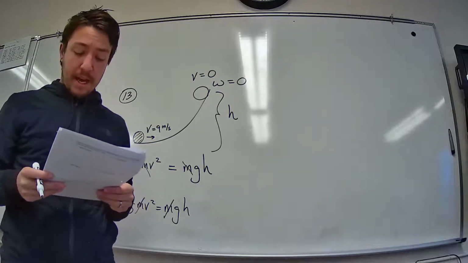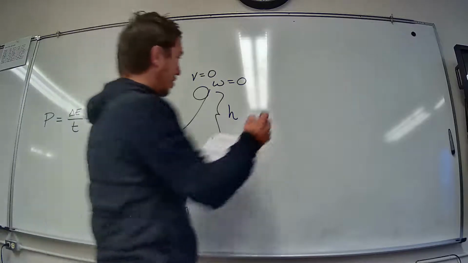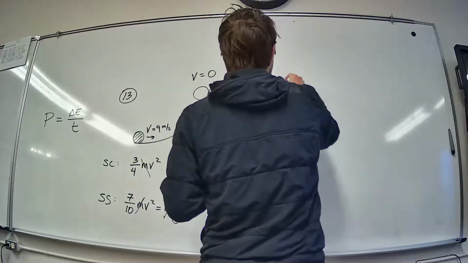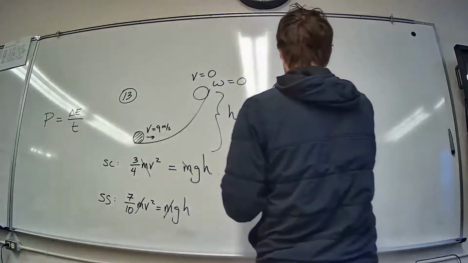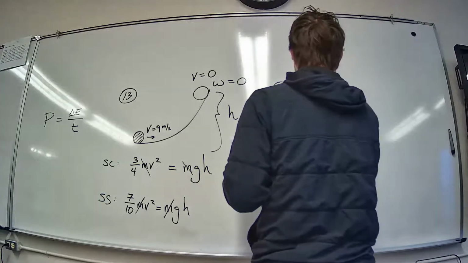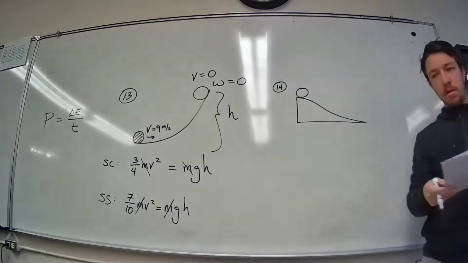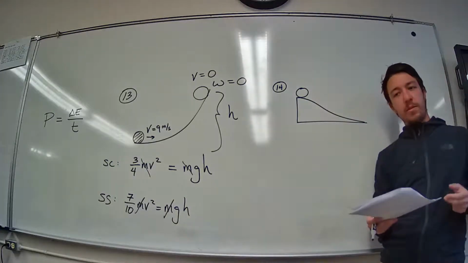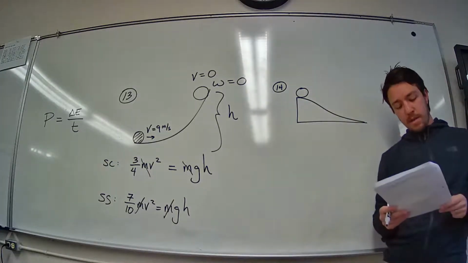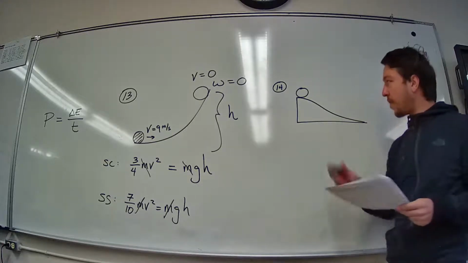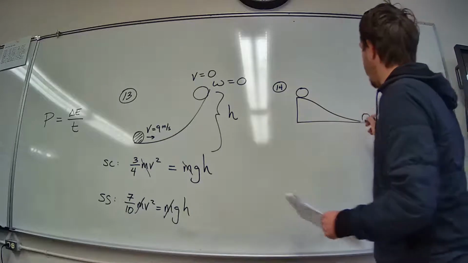Likewise, look at 14. It's another problem we've looked at many times, with a block. How fast would this thing be going at the bottom of the ramp?